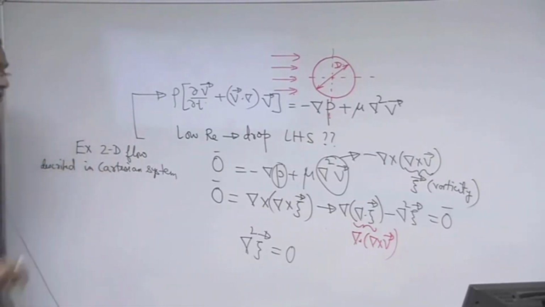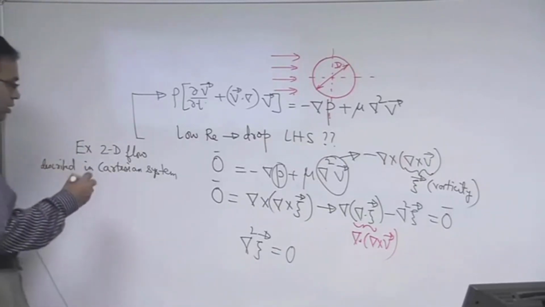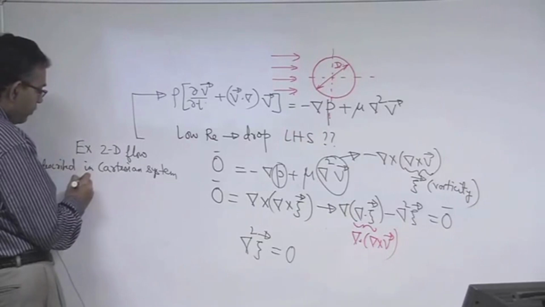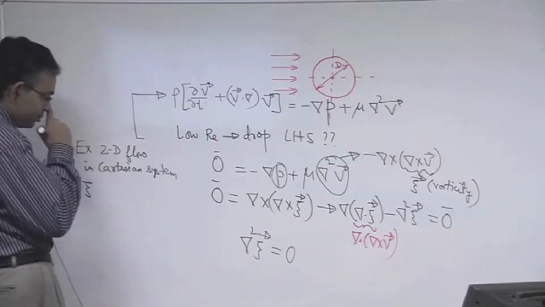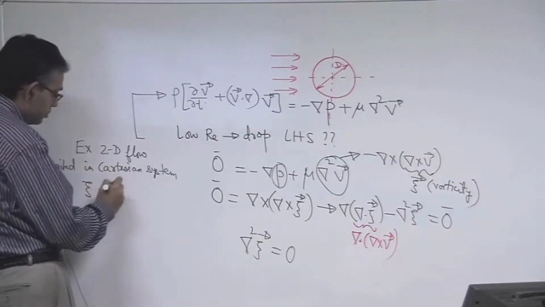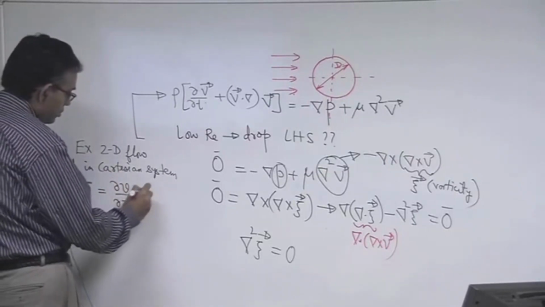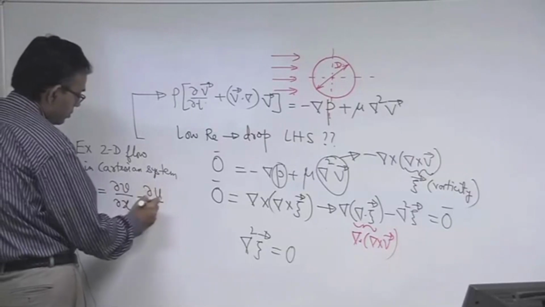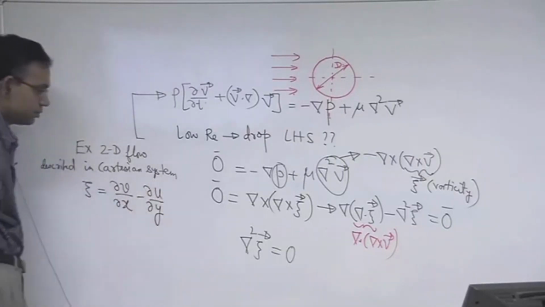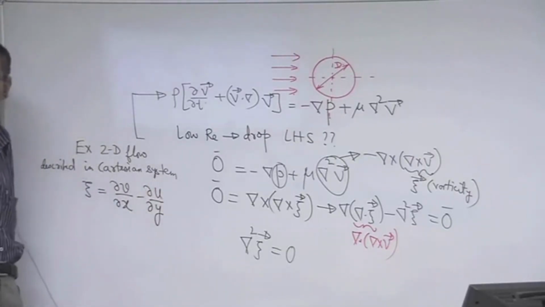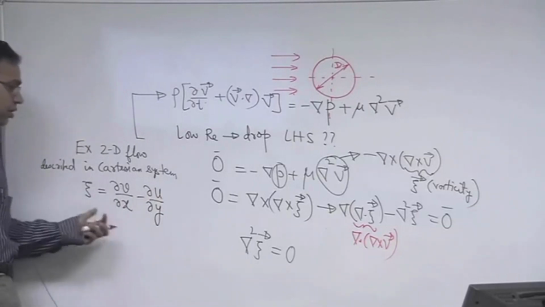Now, for this particular problem, now for 2D flow zeta, this is the scalar component of vorticity.